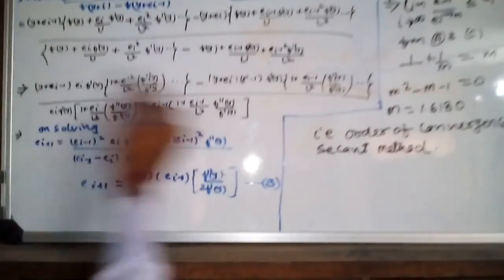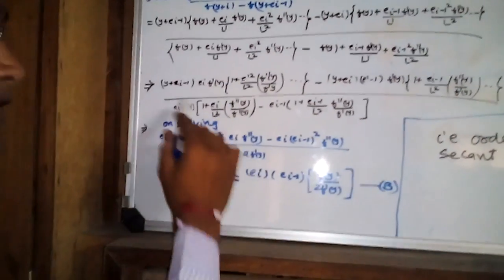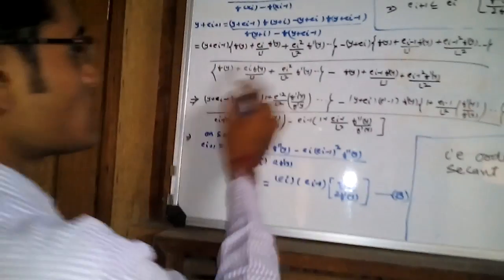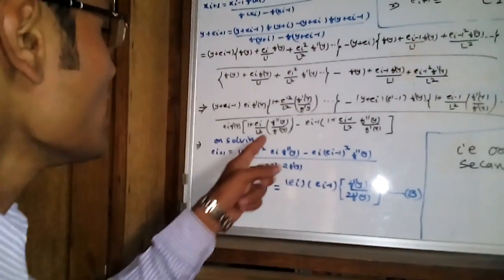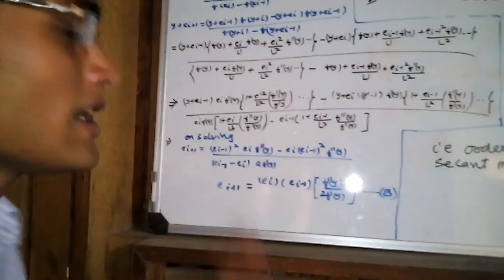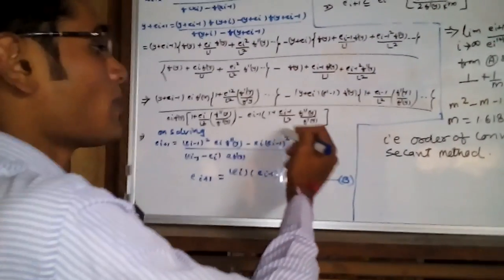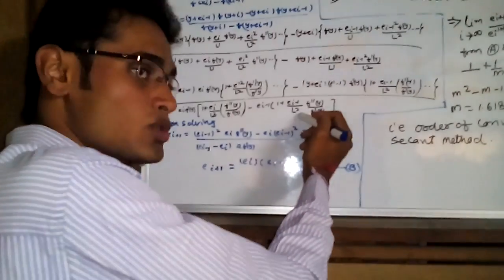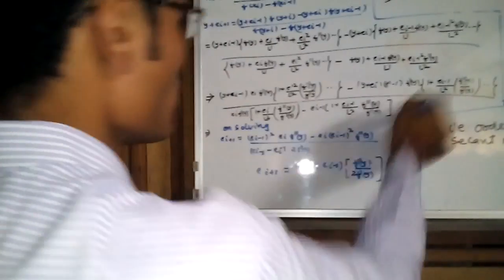This will be minimized in this manner, taking ei f dash y common. So finally this whole will be written as 1 plus ei divided by factorial 2 f double dash y upon f dash y minus ei minus 1 into 1 plus ei minus 1 upon factorial 2 f double dash y upon f dash y.